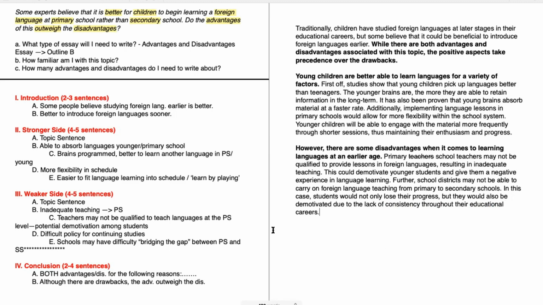Now, notice that I haven't really used this phrase, bridging the gap, just because the more I think about it, my writing is formal in tone, and I don't want to necessarily include bridging the gap. Also because I've done well without using it. Basically, the idea is still the same. The lack of consistency is another way to say that they'll have difficulty bridging the gap.